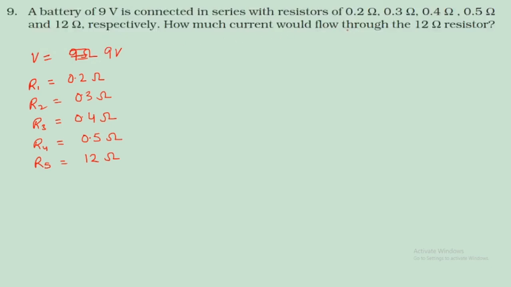How much current would flow through the 12 ohm resistor? You know, in the series combination, the same current is flowing through each and every resistor. So in series combination, the same current is flowing through each resistor.